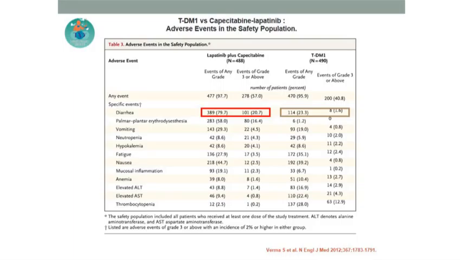So, this goes to show that those new molecules are not devoid of digestive toxicity, so you need to be aware of it. And just in passing, I draw your attention to the fact that you have a column with all grades and then a column for grade 3 and 4, so that we have no information whatsoever on grade 1, 2.